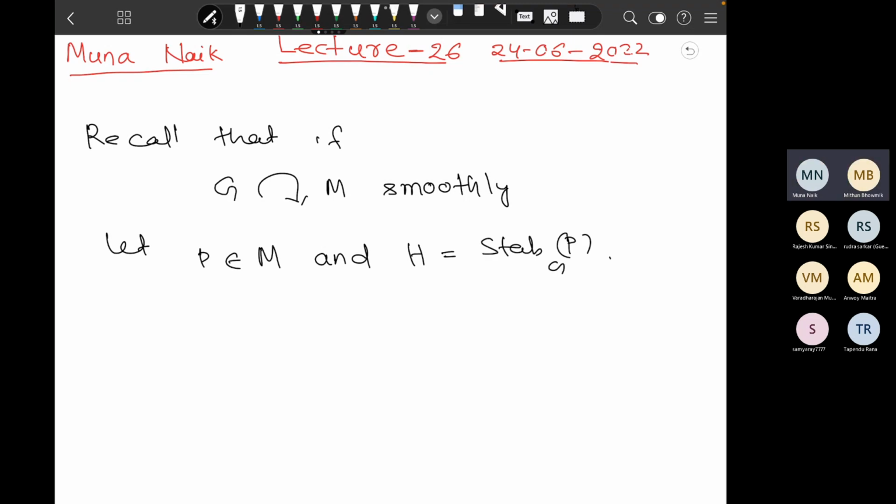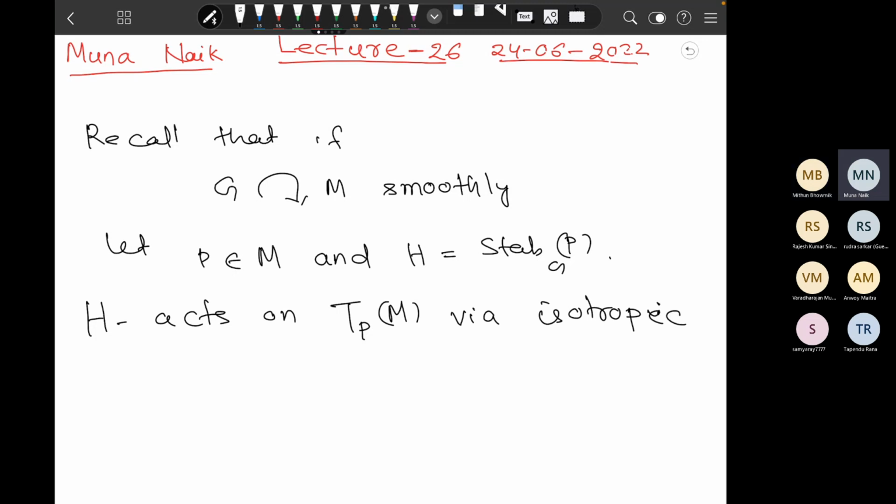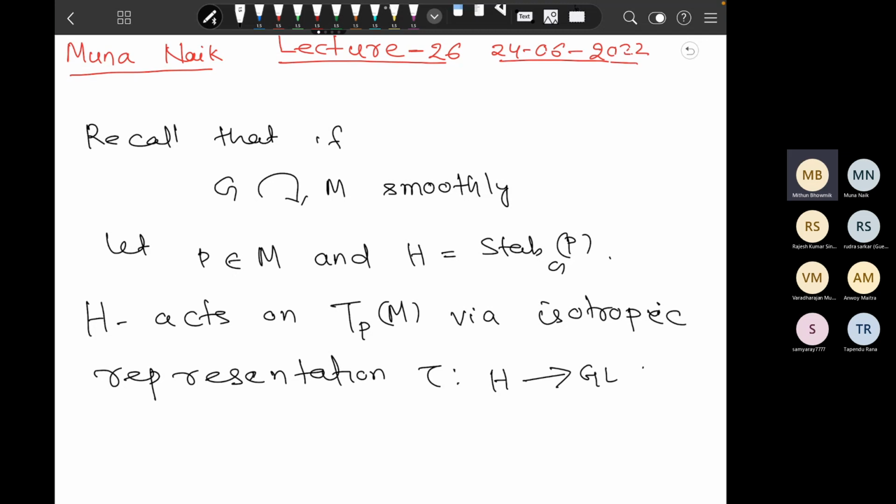Okay. Now H acts on T_pM via the isotropy representation, tau from H to T_pM, where this tau of h is really d L_h.